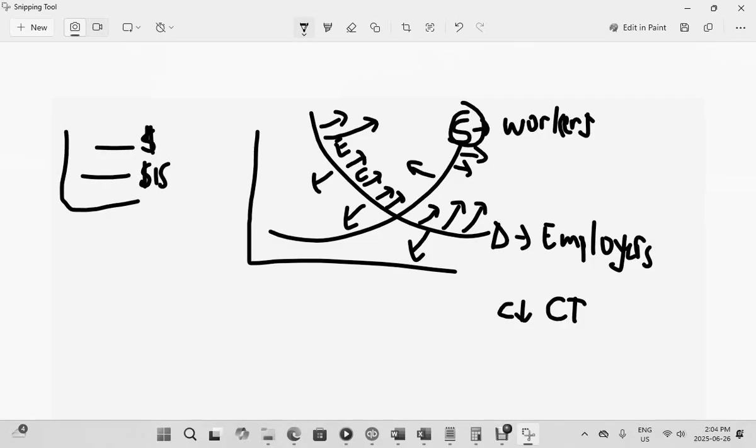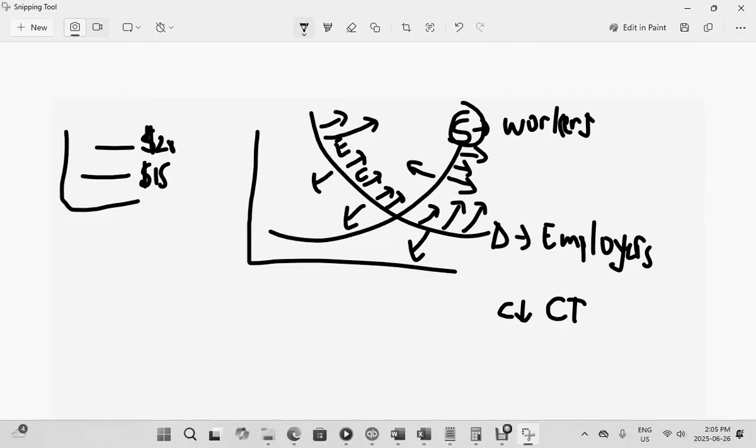Because of this new price floor, all of a sudden you have more workers who are willing to work. Workers that were discouraged before are now rejoining the workforce, as a result of which the supply goes up, shifting the supply curve to the right.